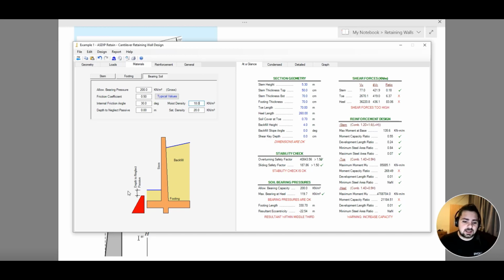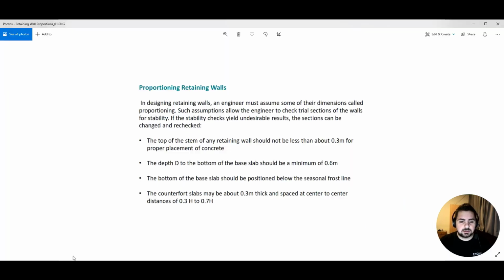Now what is the depth that we usually take, or what is the depth that we are going to consider here? So if we go to this image here, we can read that the depth D to the bottom of the base slab should be a minimum of 0.6 meters. So this is the minimum depth that we should take into consideration.